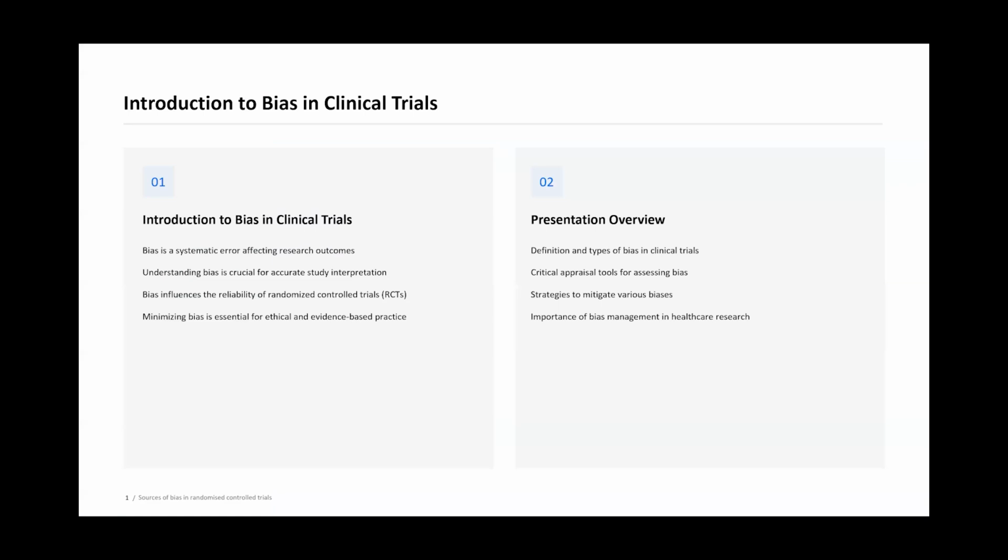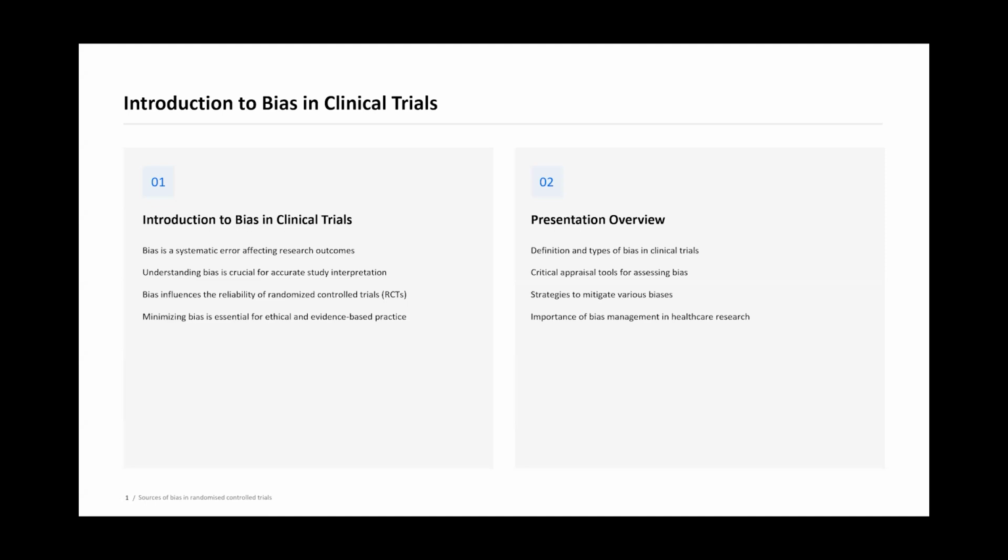In the introduction to bias in clinical trials, let's first define what we mean by bias in the context of a clinical trial. Bias is a systematic error that can distort the true effect of an intervention and lead to incorrect conclusions. Unlike random error, which can cancel out over time, bias skews results in a particular direction.